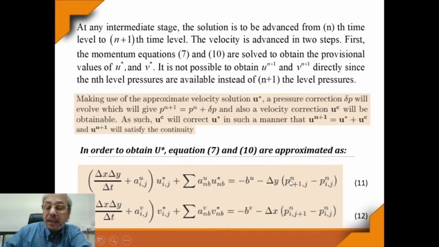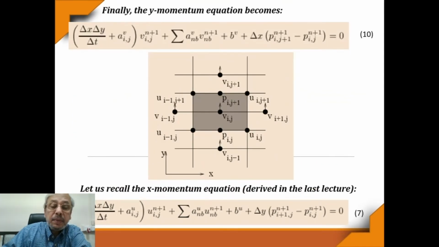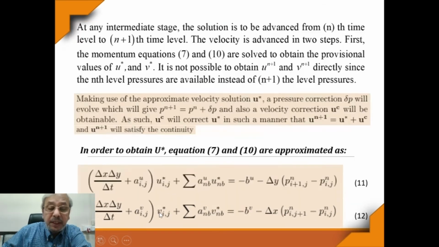And if we subtract equation 11 from equation 7, everywhere with u ij, u i plus 1 j, u i minus 1 j, we will get the difference between level n plus 1 and star. That means that will be yet another equation with u ij, u i plus 1 j, u i minus 1 j, u ij plus 1, u ij minus 1, but instead of star, we'll write C on them.